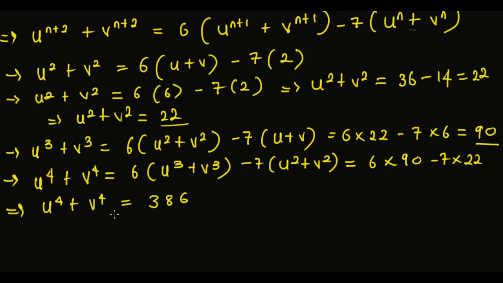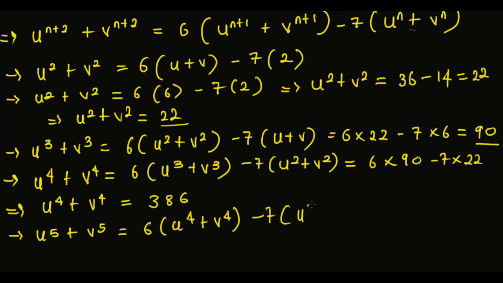And then finally, choosing n as 3, we have that u raised power 5 plus v raised power 5 is equal to 6 into u raised power 4 plus v raised power 4 minus 7 into u raised power 3 plus v raised power 3.